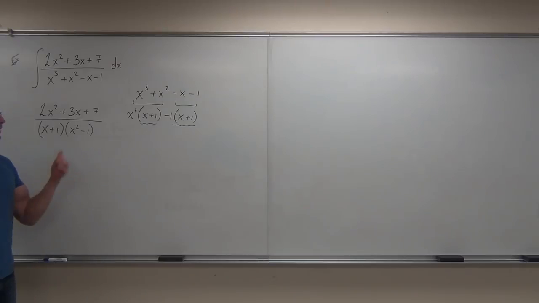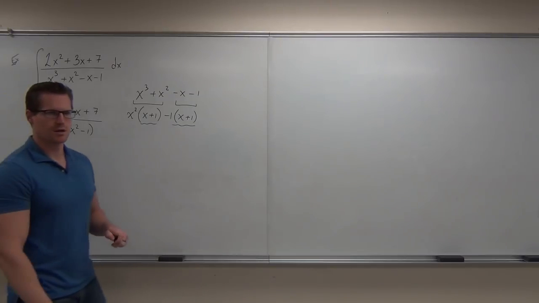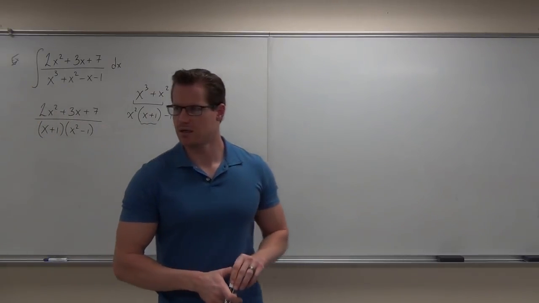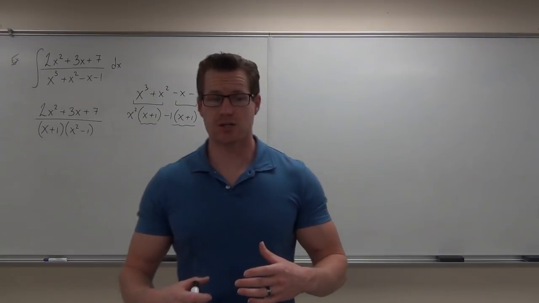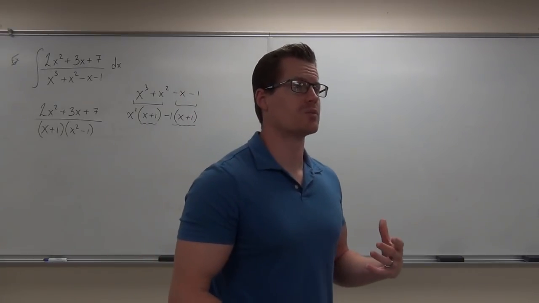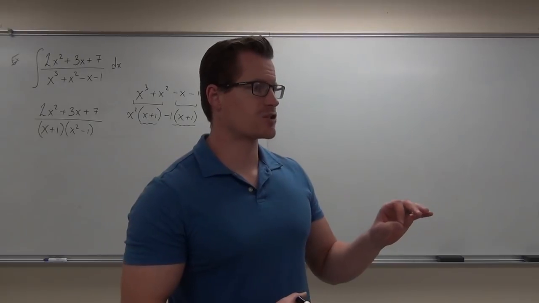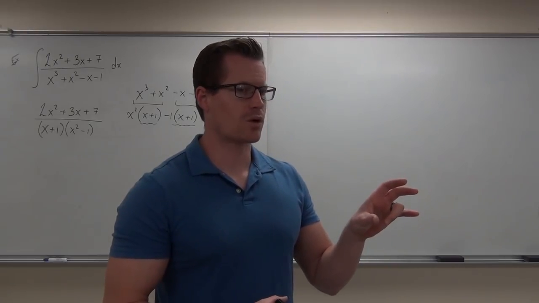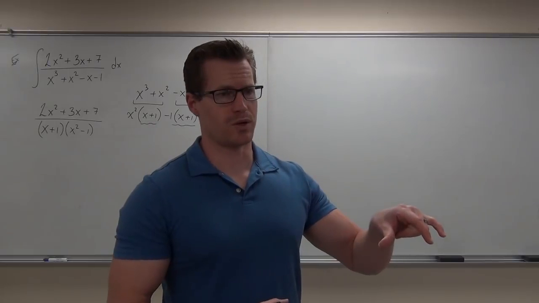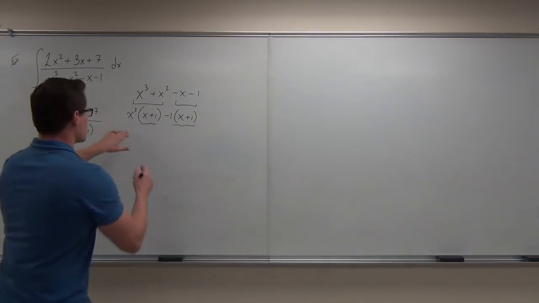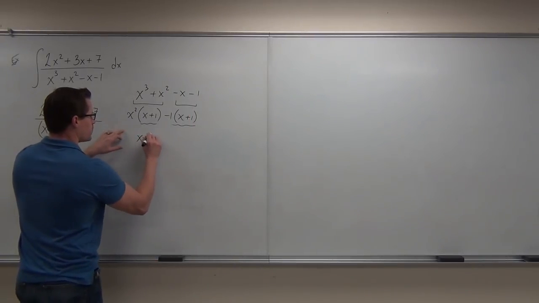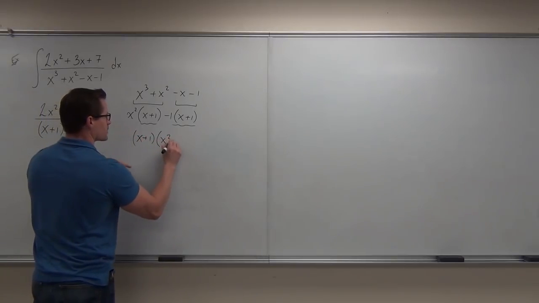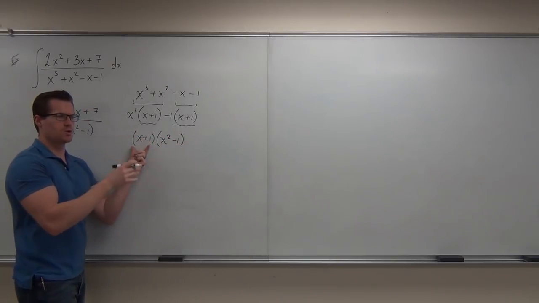Yeah. Now, is this good enough for us? What's the problem with that? x squared minus 1. When we say factor, we imply factored completely. Factor means linear and or irreducible quadratics. So if I end right here with x plus 1 and x squared minus 1, this one's great. That's linear.